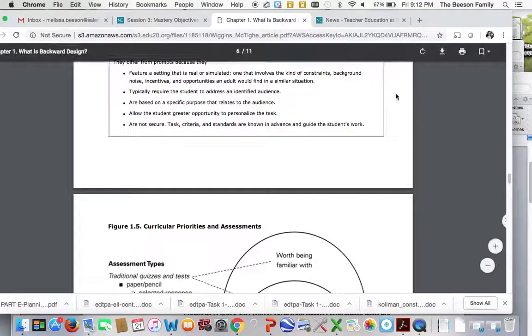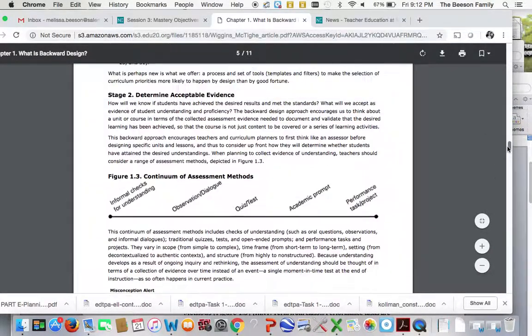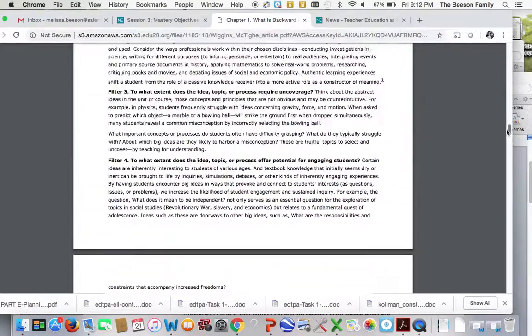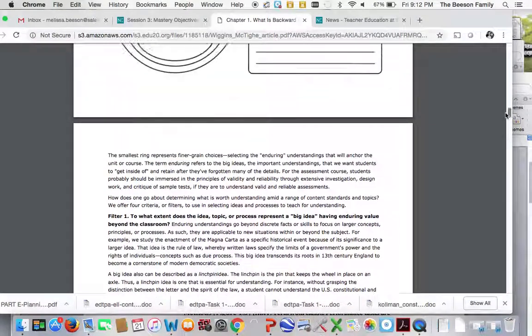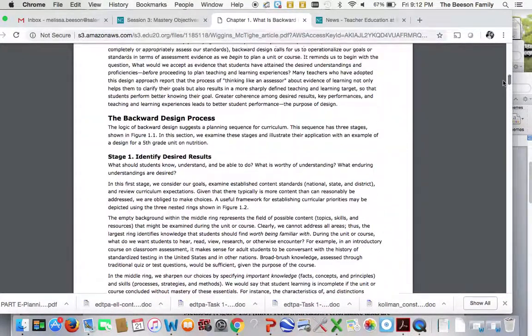If we look back at that chapter, uncoverage comes after that first section, in stage 1. So when it says identify the desired results, in stage 1 of backward design, we want to know what our students should know and be able to do by the end of our unit of study.